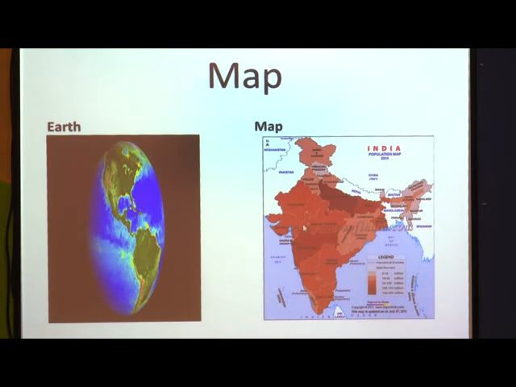Yes, this map is a drawing of the earth's surface on a flat piece of paper, according to the scale given. There are different types of maps, children, so we will see one by one about these different types of maps.